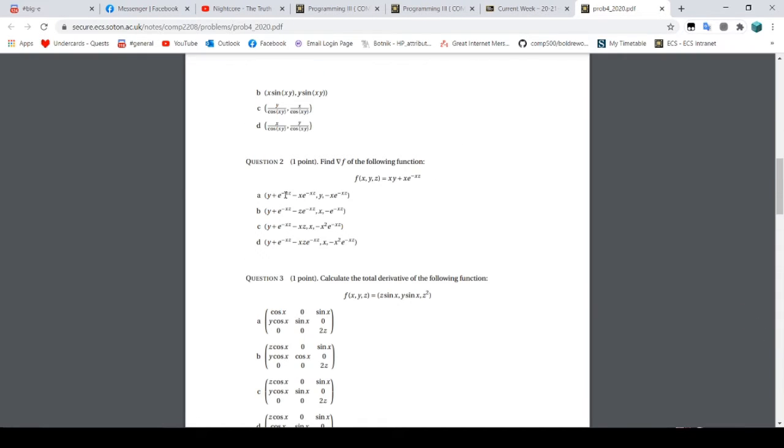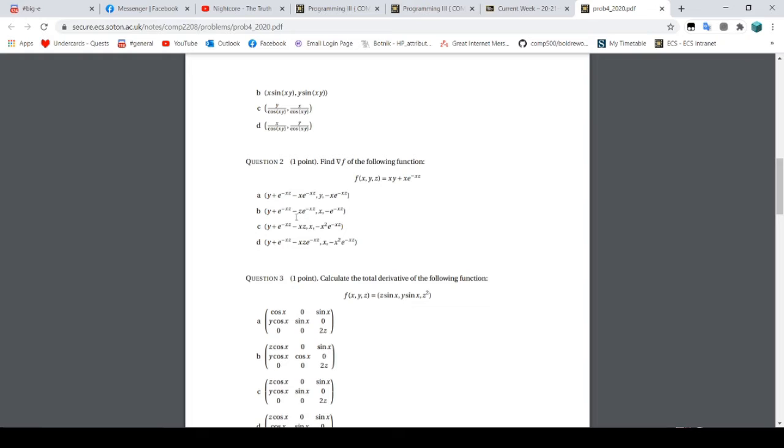Alright then, so what? If you differentiate it with respect to x, you got y plus, I guess that'd be minus zx or something, right? Apparently not. That's not an option.